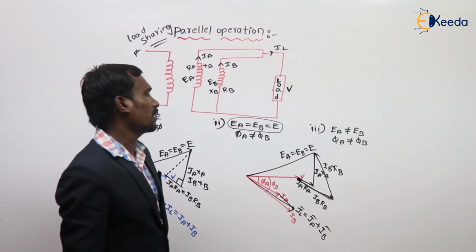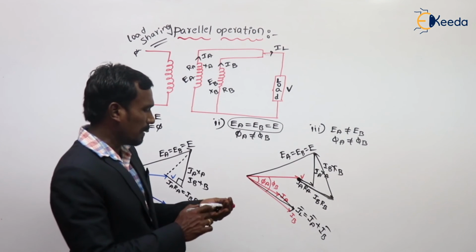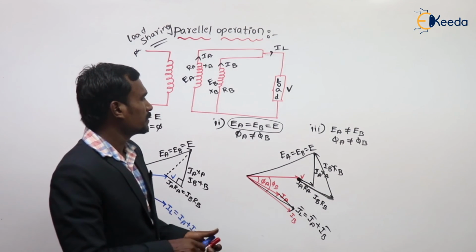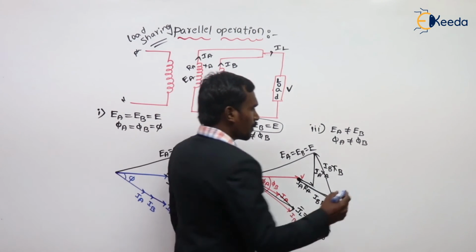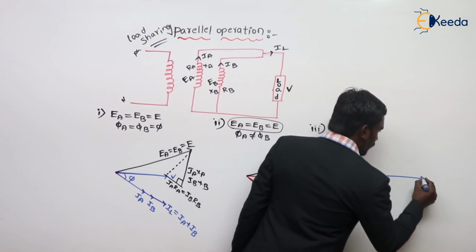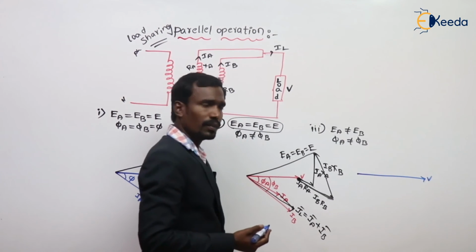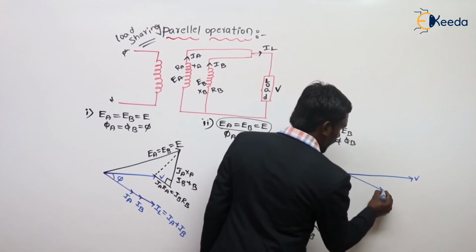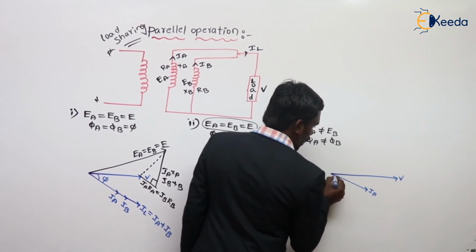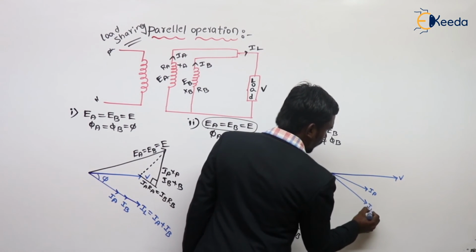Now let's go for the third one. That is completely different, right? Let's see. For example, this is my voltage V. Here, this is my IA and this is my IB.